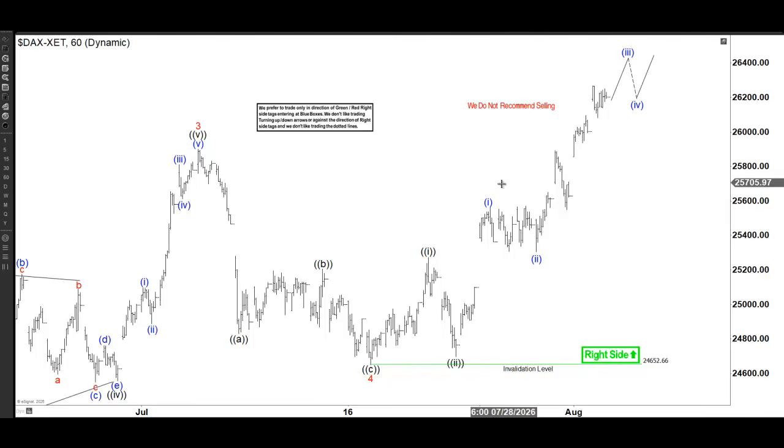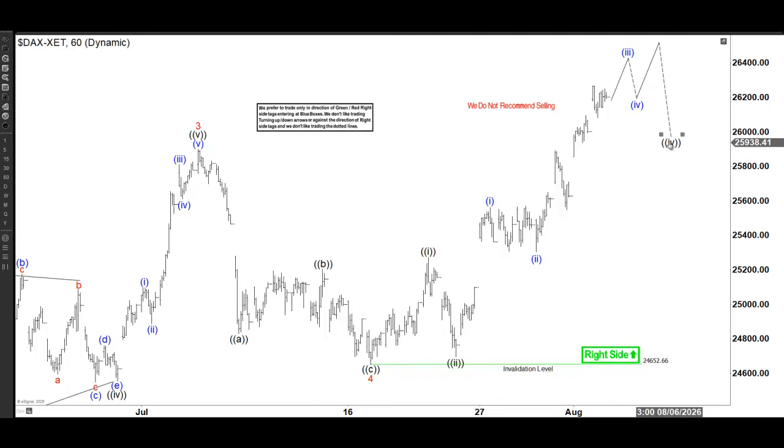In other words, it should be finishing this cycle with new highs. It will pull back and do another high, and then it should be right here another pullback to do a wave 4 here in black, and then the DAX will finish the cycle in the highest degree for this hour.